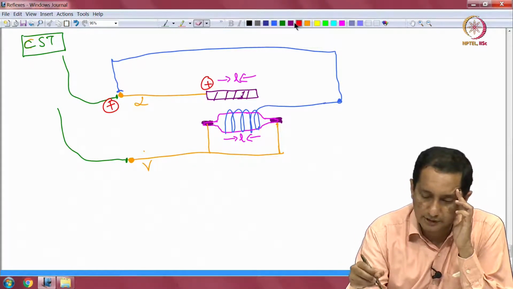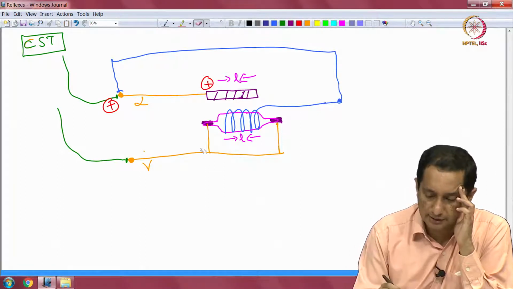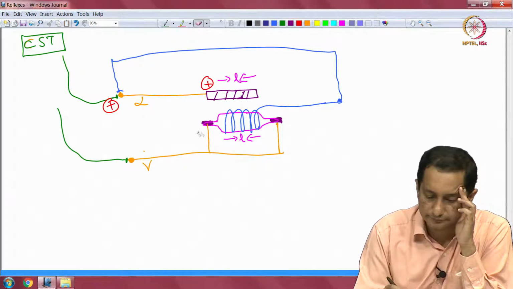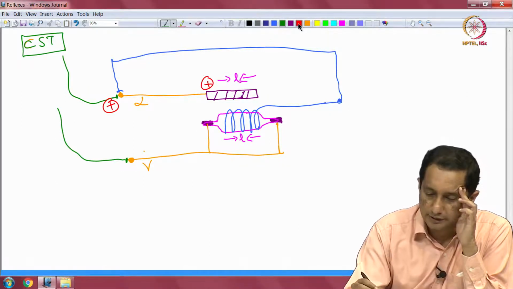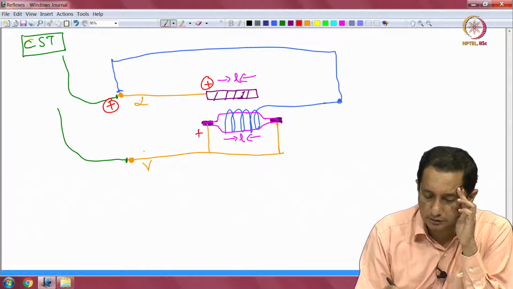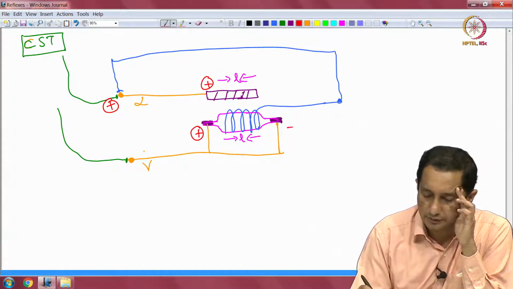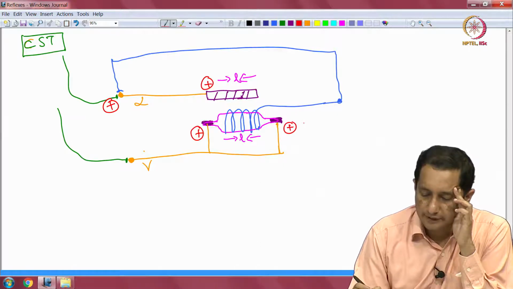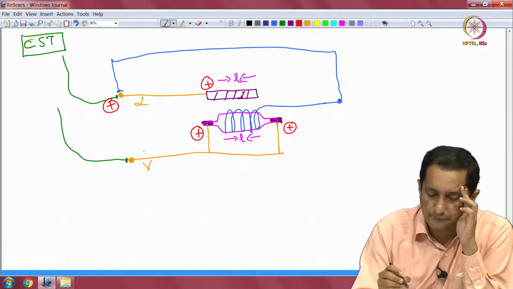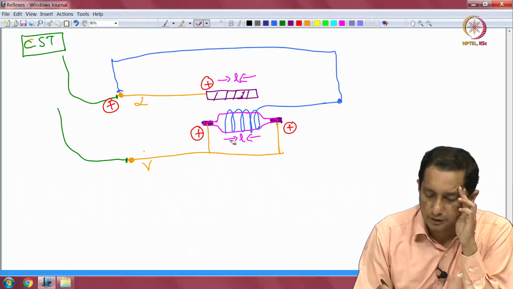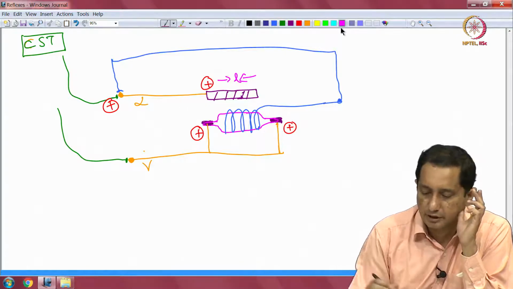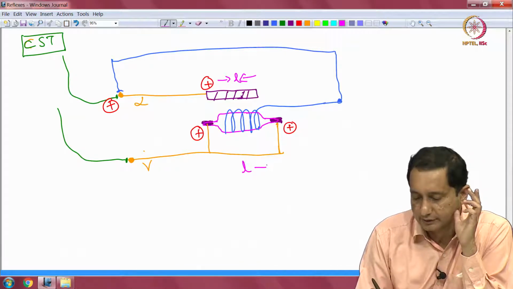So, what happens when you have simultaneous gamma activation is that gamma activation causes activation of both the ends. In the sense that there is no decrease in length here, it causes an increase in length here.